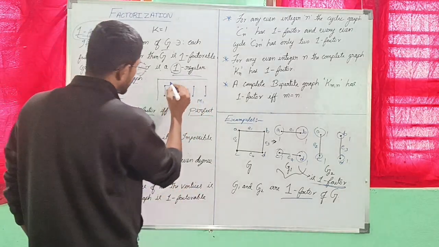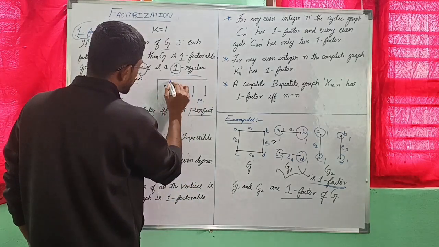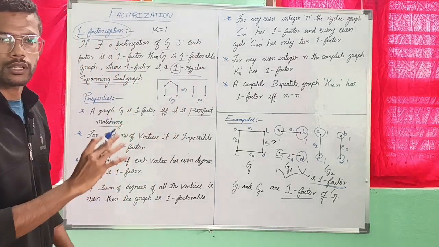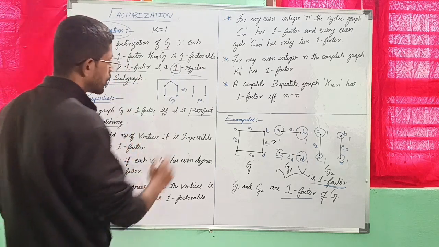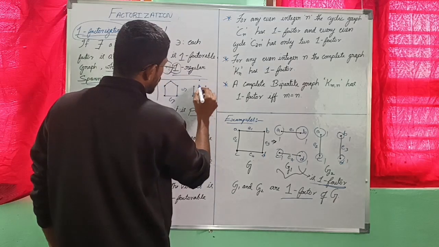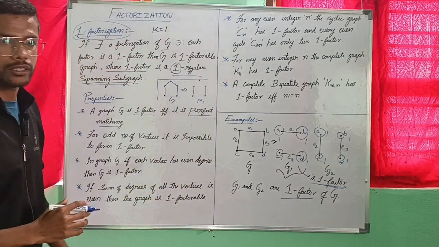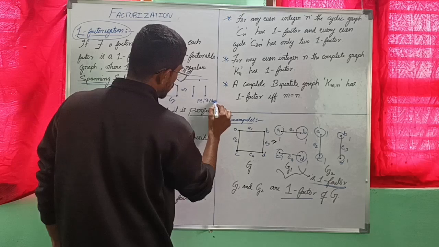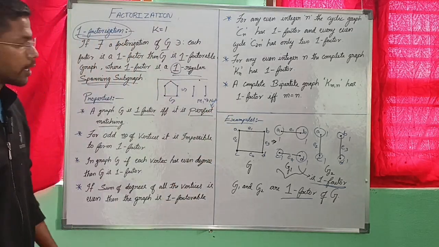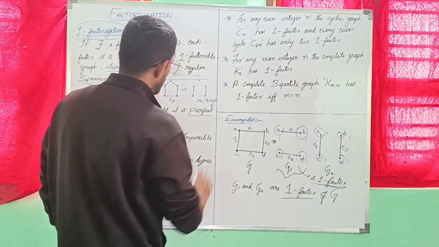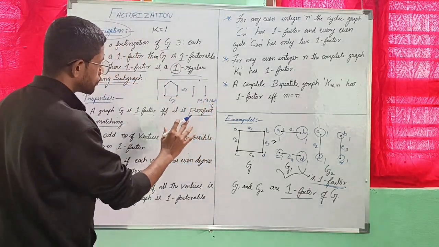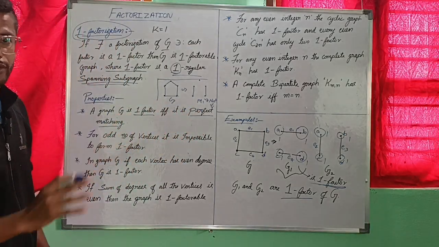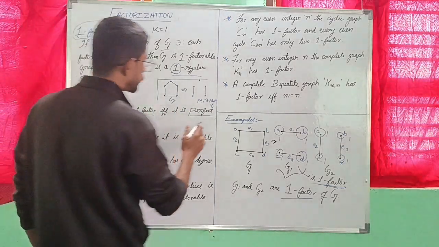If there is another vertex in the graph G, so there is an odd number of vertices, then the matching of this graph G is not a perfect matching. So there should be an even number of vertices in the graph G for a perfect matching, right?